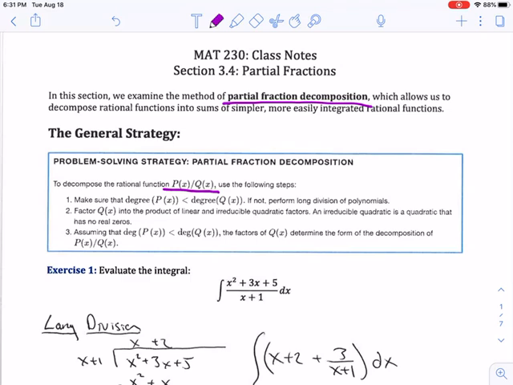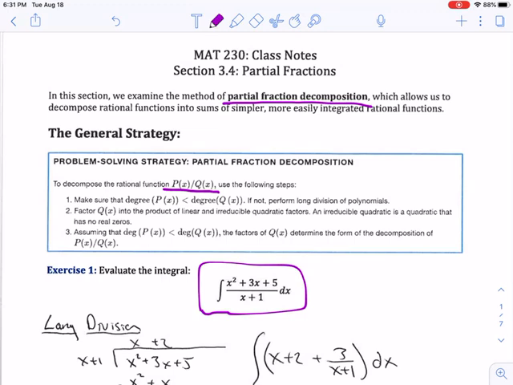The first example is a good example of what we're talking about. The numerator is x squared plus 3x plus 5. That's a polynomial function. The denominator is also a polynomial function, x plus 1. So when you have one polynomial function divided by another polynomial function, that is a rational function.